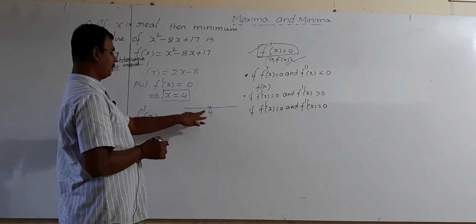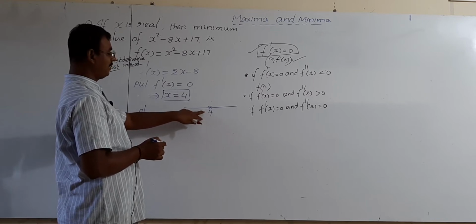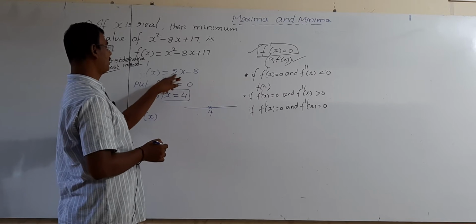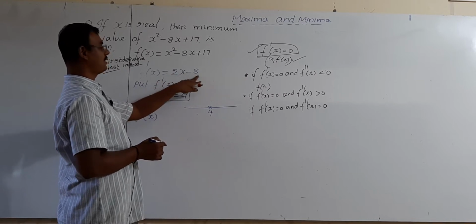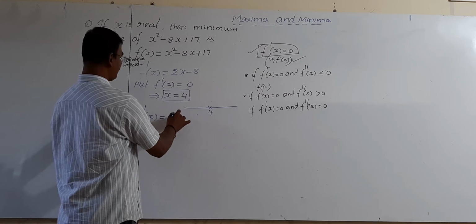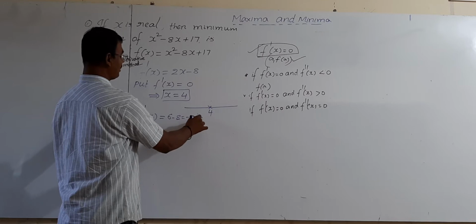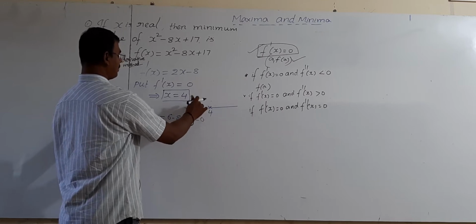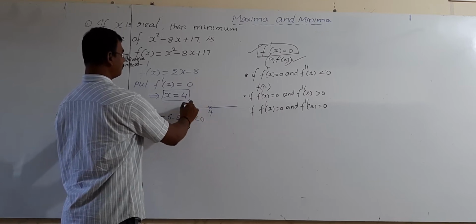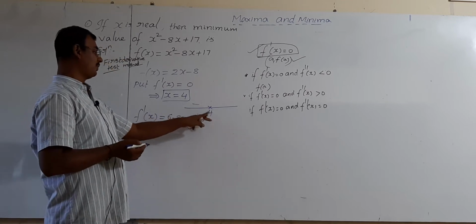For x is equal to 4, in the neighborhood of 4, before the number I take the preceding number, which is 3. Substitute 3 here. 3 times 2 is 6, 6 minus 8 is equal to minus 2, which is less than 0. So this is negative. The sign of f'(x) in the neighborhood of 4 is negative.